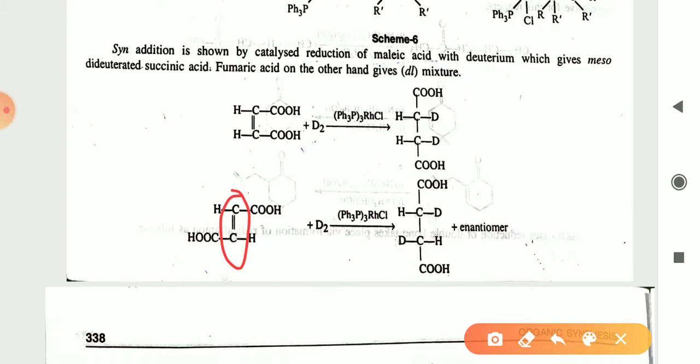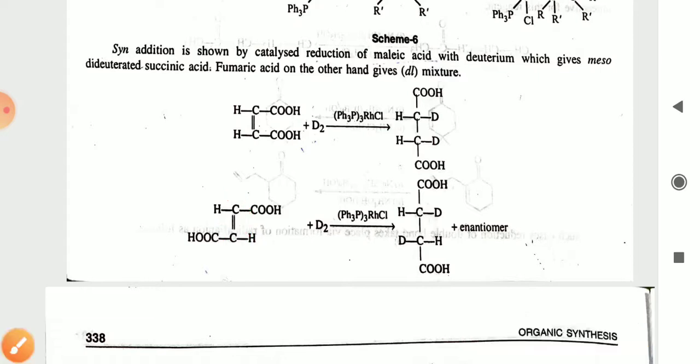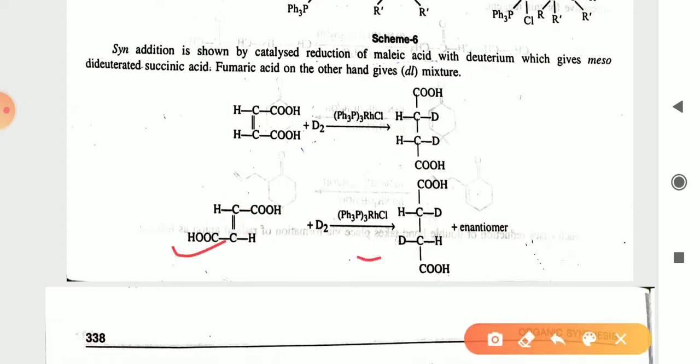This is the syn addition, because if the cis reactant reacts with the catalyst, it will give the cis product, and if the trans reactant reacts with the catalyst, it will give the trans product.